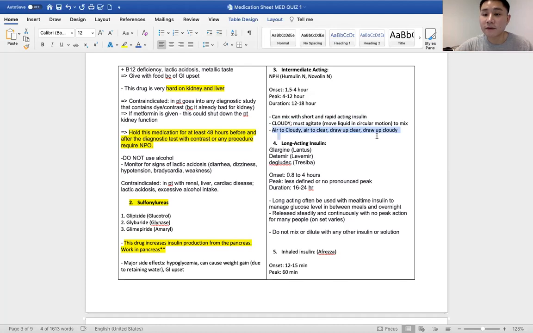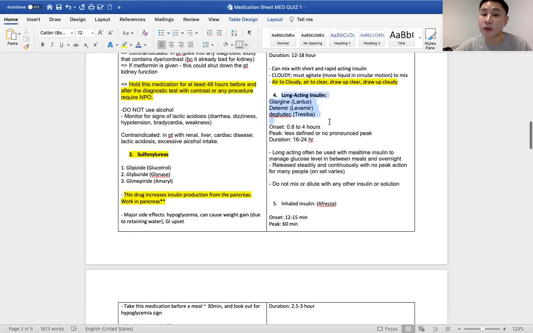This is in fundamentals that we learned: air to cloudy, air to clear, draw up clear, draw up cloudy. The only cloudy medication is the intermediate, and it can be mixed with the short and the rapid, okay?